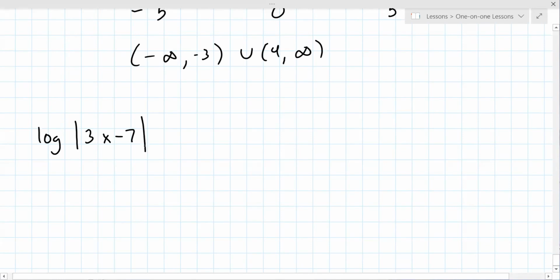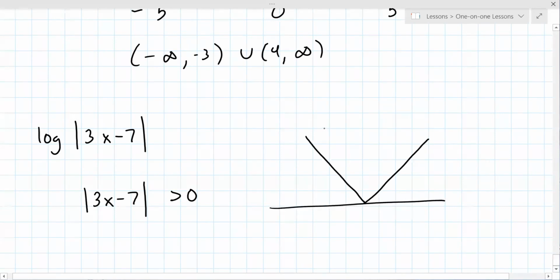The graph of this is kind of interesting. The inside part, 3x minus 7, has to be greater than 0. What you might remember about absolute values is that they V, and this one V's in such a way that this point is at 7/3, or 7 over 3.